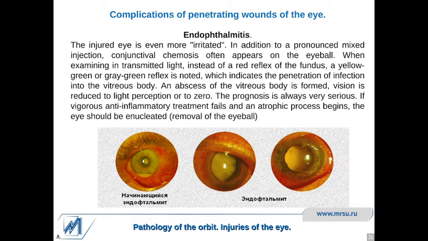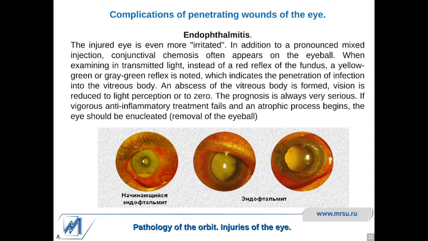When examining in transmitted light, instead of the red or pink reflex of the fundus, there can be a yellow-green or gray-green reflex, which indicates the penetration of infection into the vitreous body. So the infection is deeper than the anterior segment, in the vitreous body.